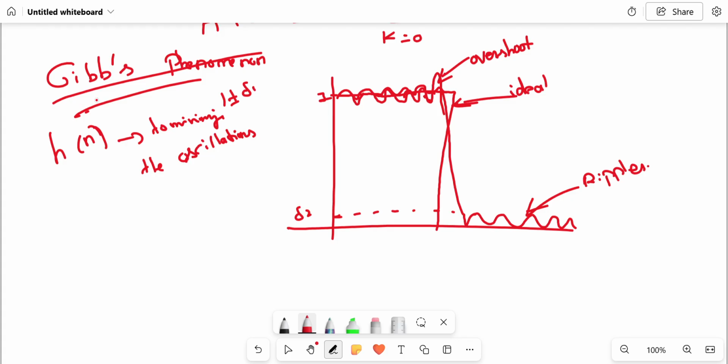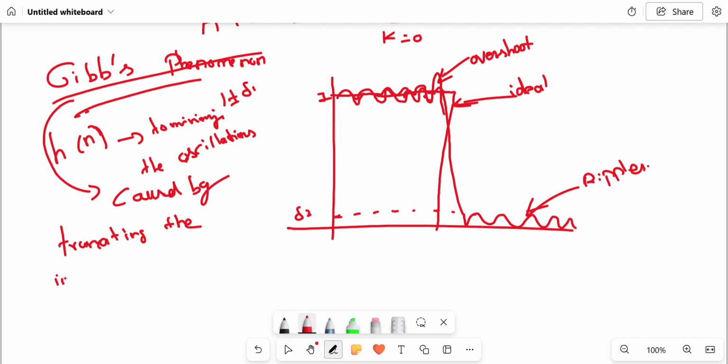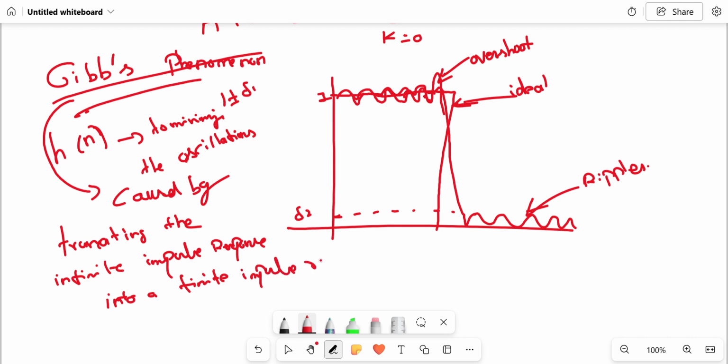So, the Gibbs phenomenon is caused by truncating the infinite impulse response into a finite impulse response sequence of m values.